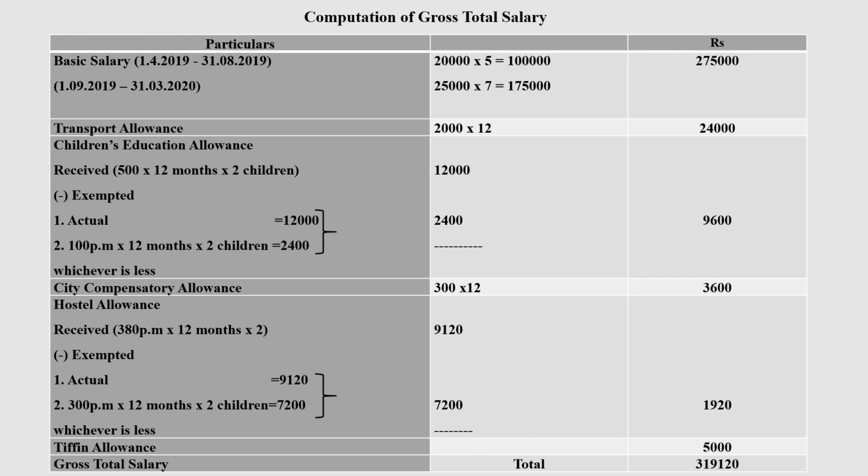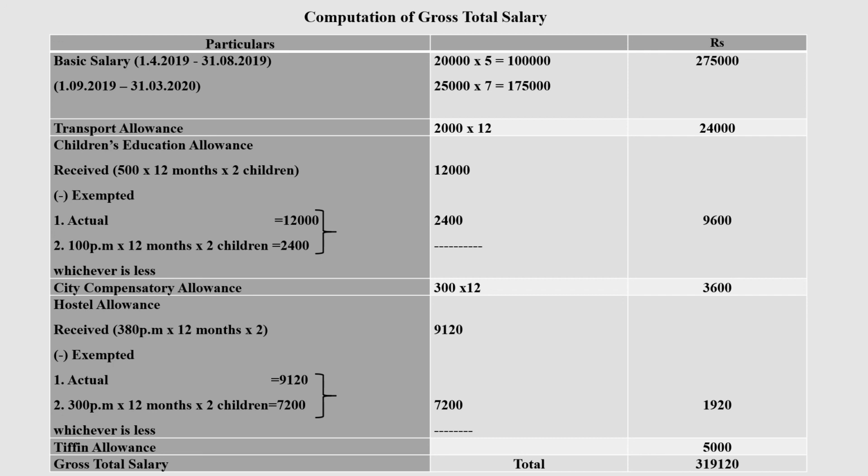Exempted amount is 300 into 12 for 2 children, 7,200. So out of this, which is the least? 7,200 is the least. So you take that to the outer column, minus it from the amount you're receiving. 9,120 minus 7,200, which is exempt. You get an amount of 1,920, which is going to be taxable.